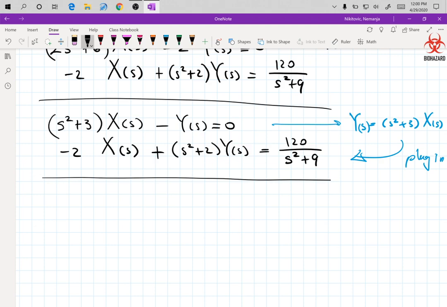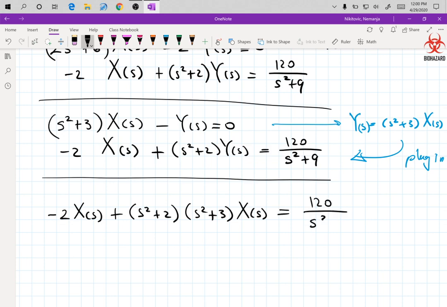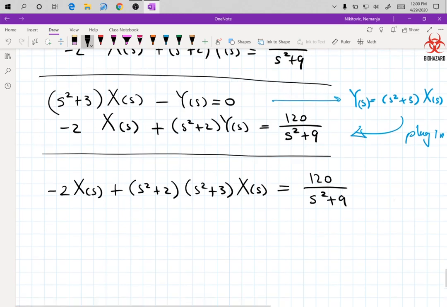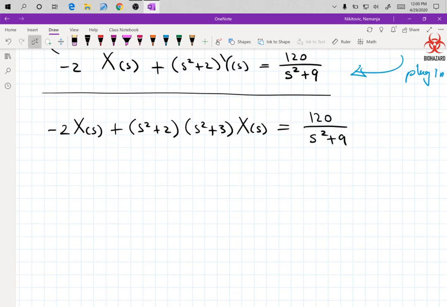So when I plug in for y of s, I get negative 2x of s plus s squared plus 2, and instead of y of s, I have s squared plus 3x of s equals 120 over s squared plus 9. So now everything is in terms of x of s. I still have to do the work. I have to FOIL, I have to subtract the 2, right?